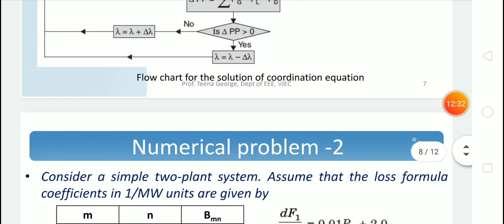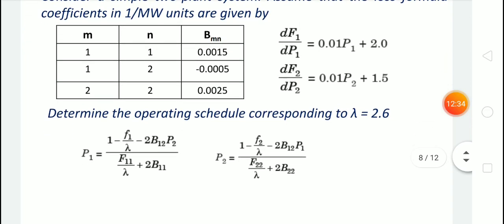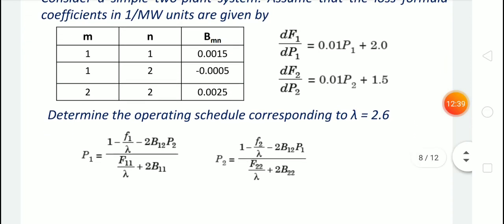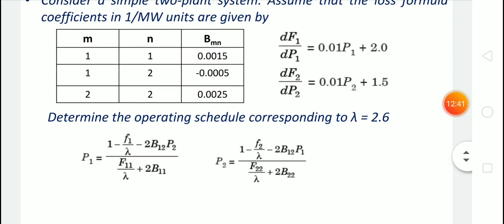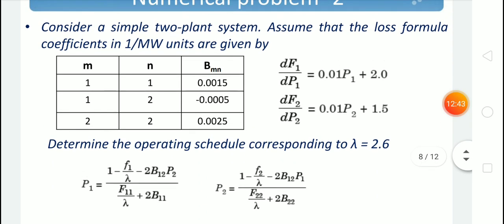So here from the equation we have p1 equal to 1 minus f1 by lambda minus 2 b12 p2, divided by f11 by lambda plus 2 b11.